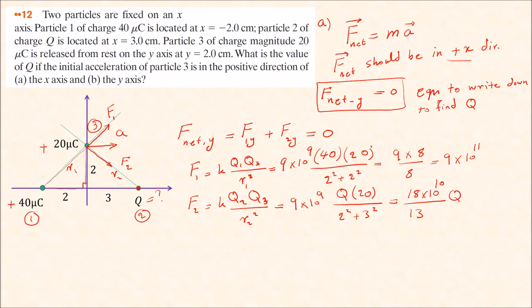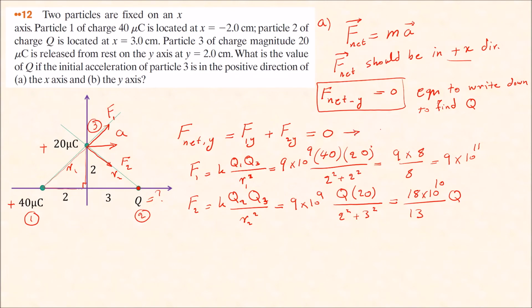I think the way I'm doing it is probably confusing you, but let's see what happens, because the units are not the standard units. All right, this is F1 and F2, but now we want F1y and F2y to add up to 0.